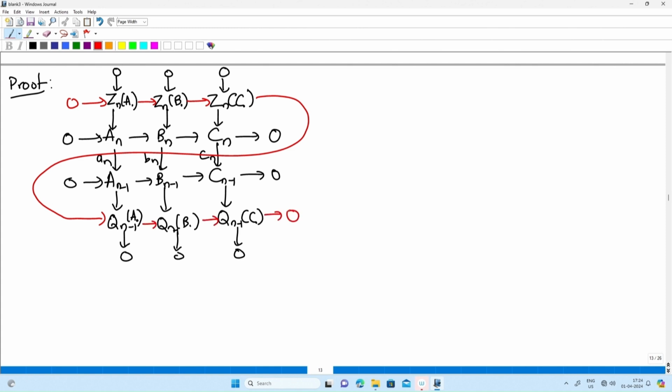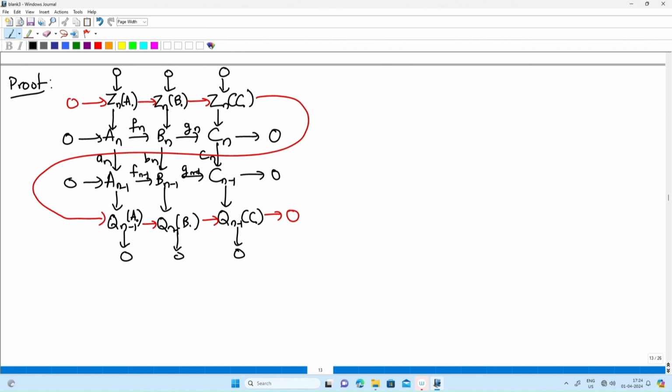And we are using the full strength of the snake lemma because the map Fn from An to Bn is a mono and this is an epi. So therefore we are using the full strength, and we get an 8-term exact sequence of kernels and co-kernels.